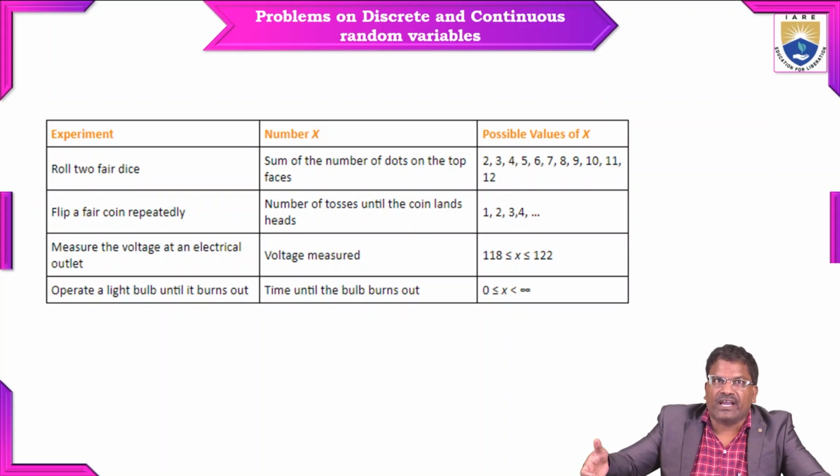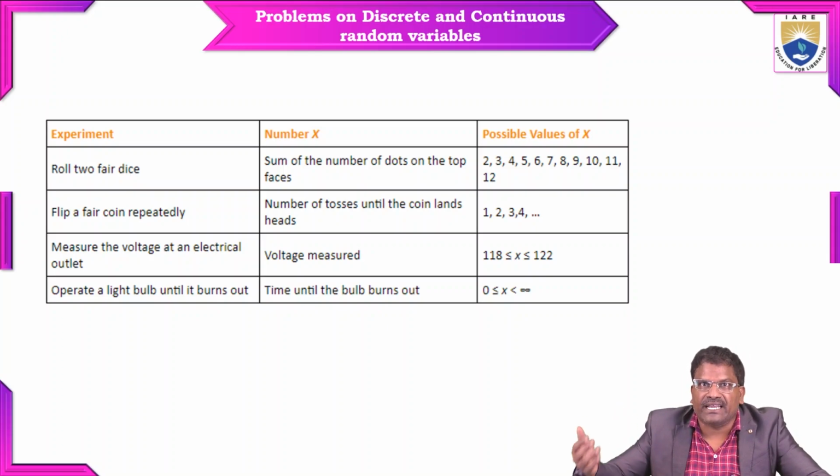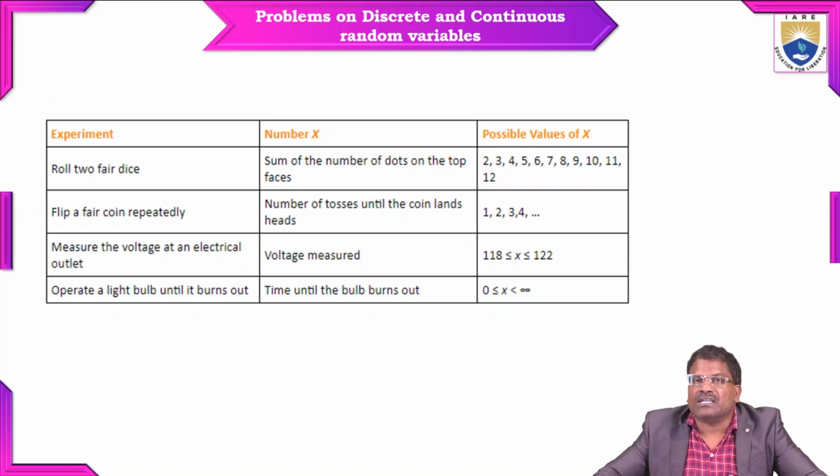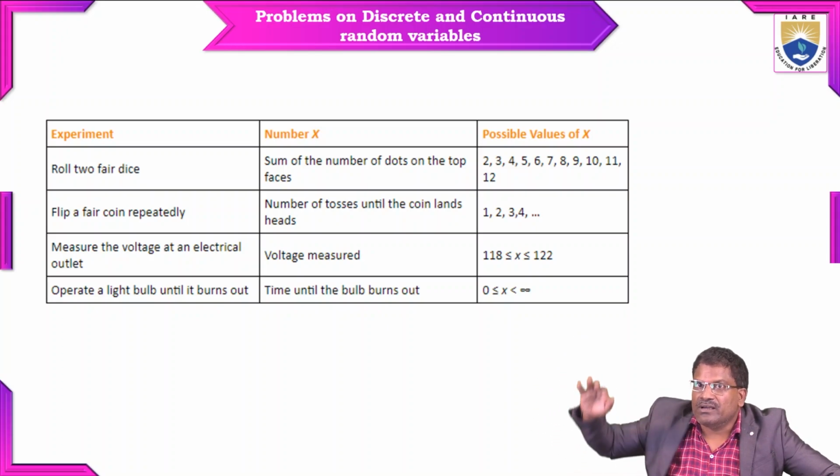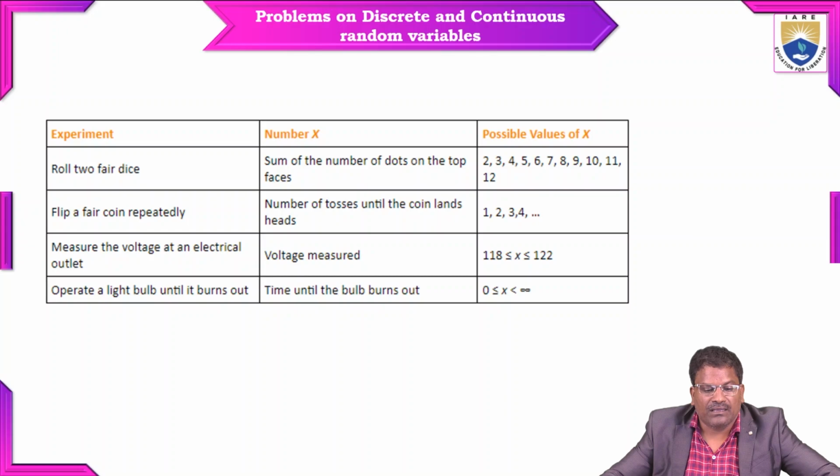Take one more experiment. Flip a fair coin repeatedly. The task we are taking is the number of tosses until the coin lands heads. Then the trials will go 1, 2, 3, 4, etc. Let us take one more experiment: measure the voltage at an electrical outlet.